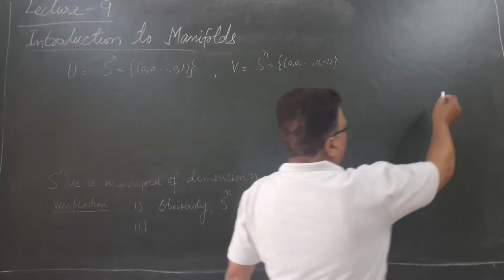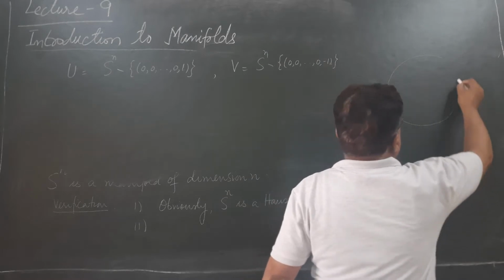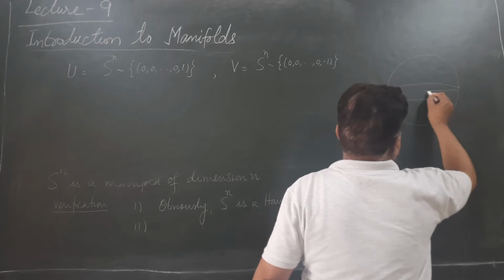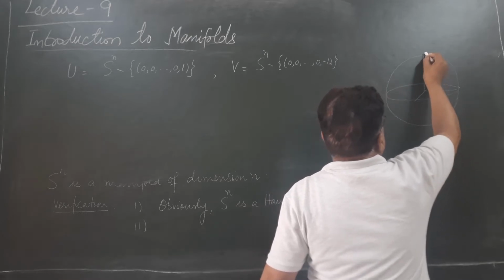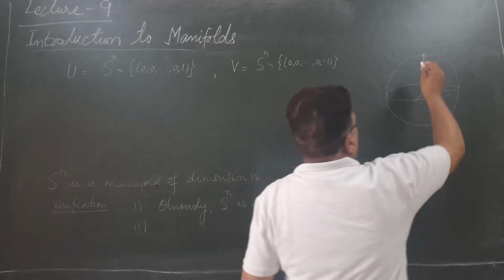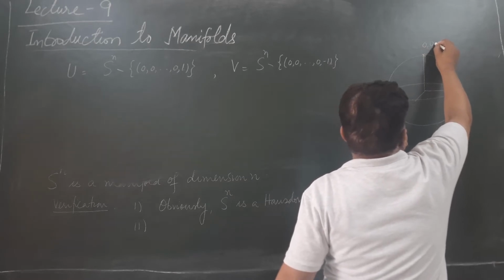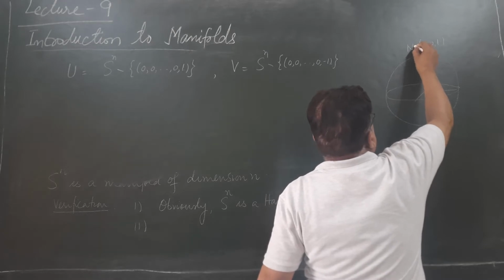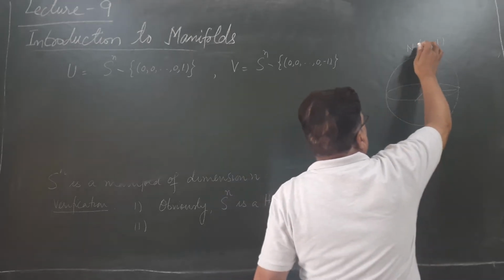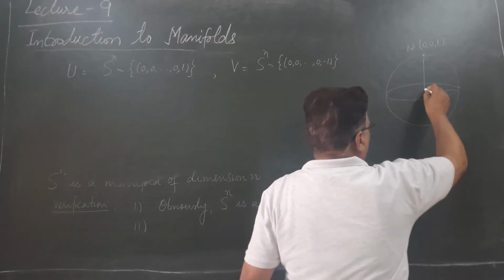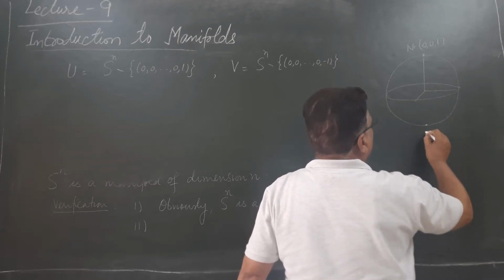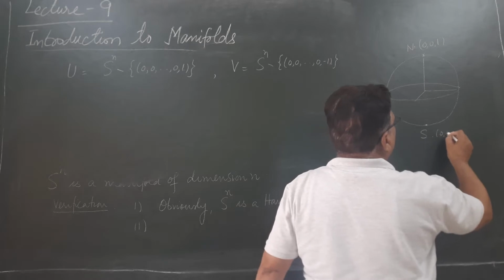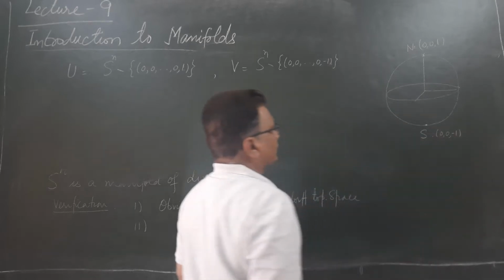To see it geometrically, you draw S2 and just look at the north pole. North pole will be this point, here just 0, 0, 1. You may call it N. And the south pole will be downstairs here. This is denoted by S. It is the point 0, 0, minus 1.